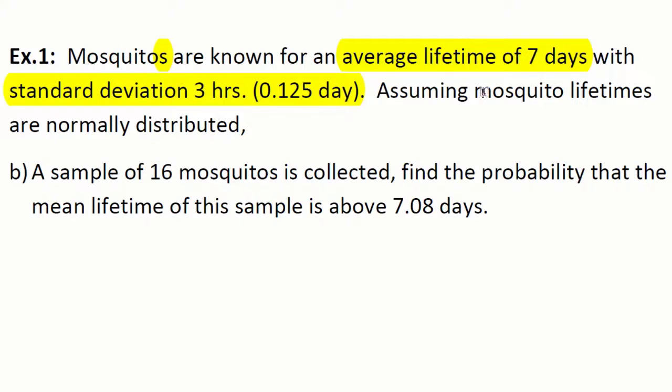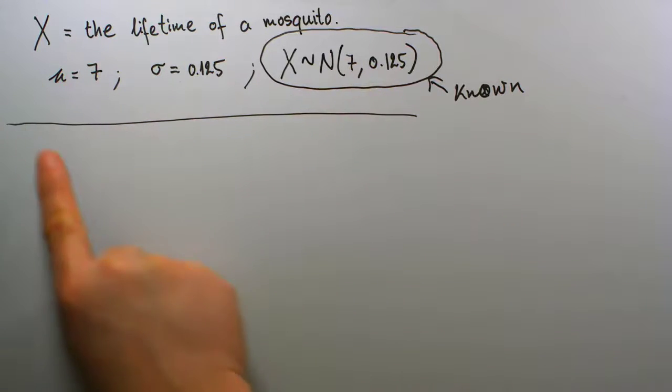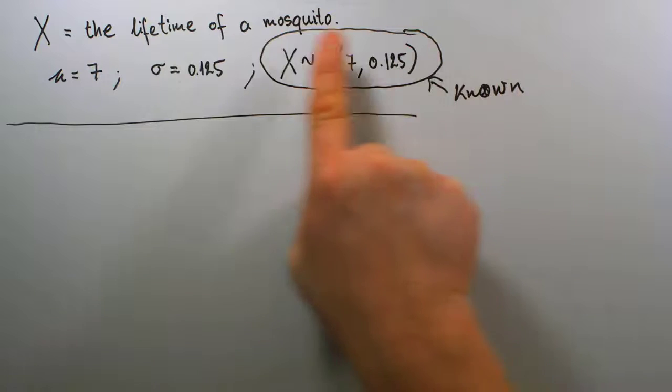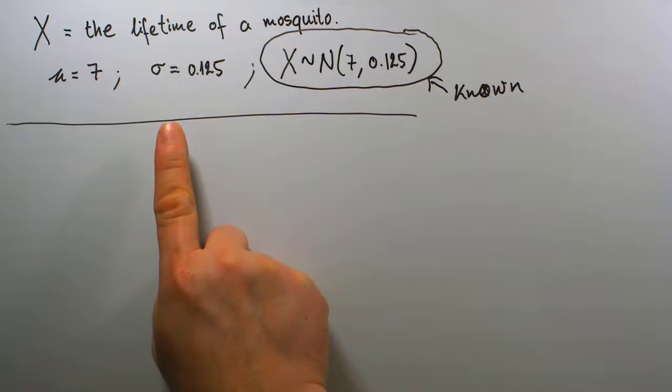And we further knew that mosquito lifetimes are normally distributed, and that's what this line is for. Now, back to my writing board, allow me to retain all the information I developed throughout the earlier problem, because all that information regarding the beginning population remains the same.